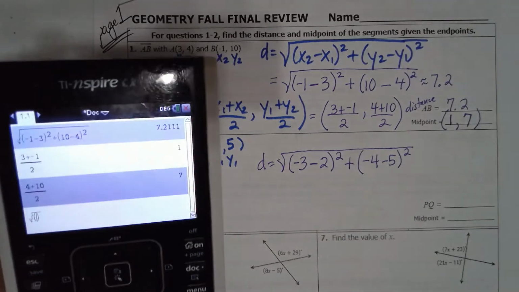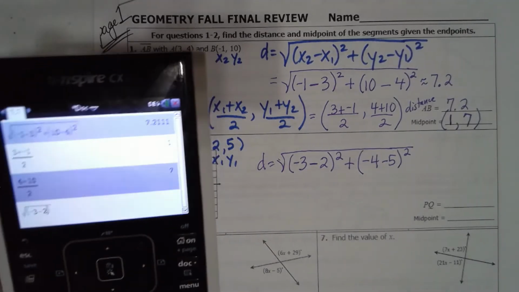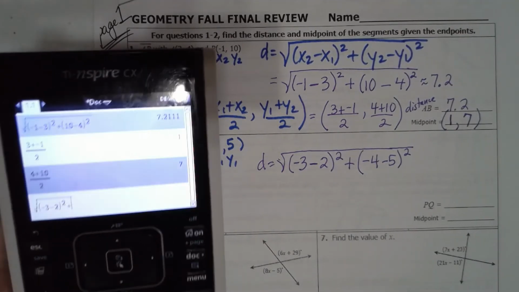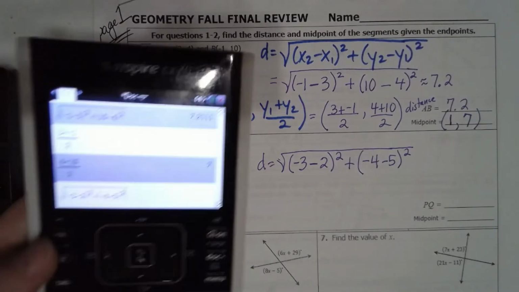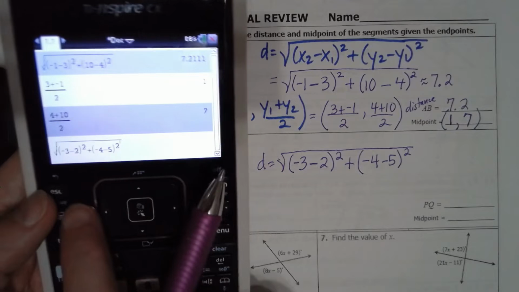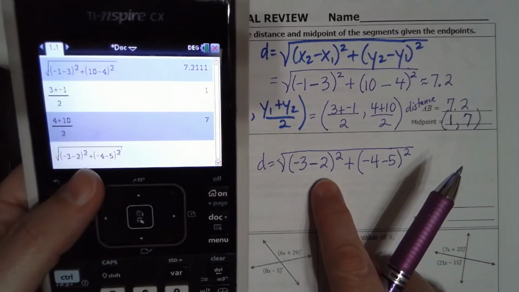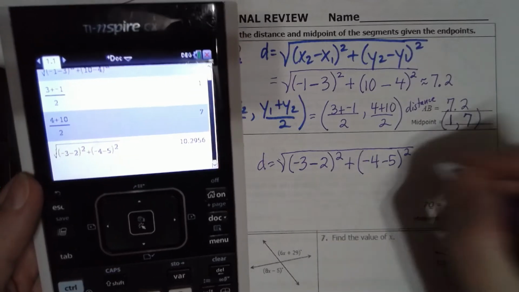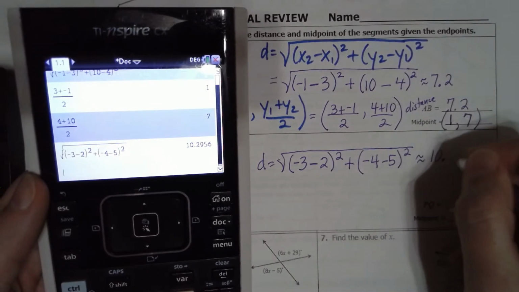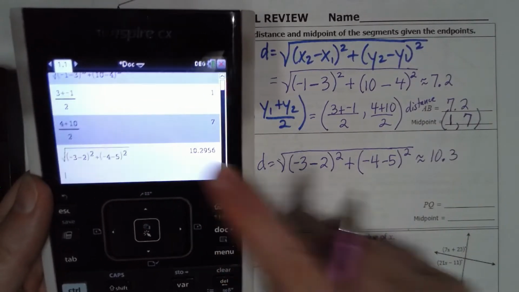So -3 take away 2 squared, plus negative 4 take away 5 squared. Always double check that what you have written on your paper matches what went into your calculator, so when you hit enter, we know we did it right. So I'm going to round that to 10.3.